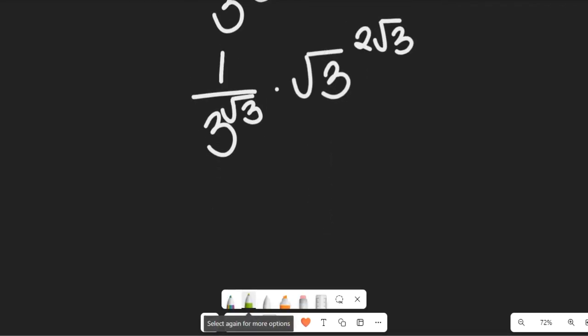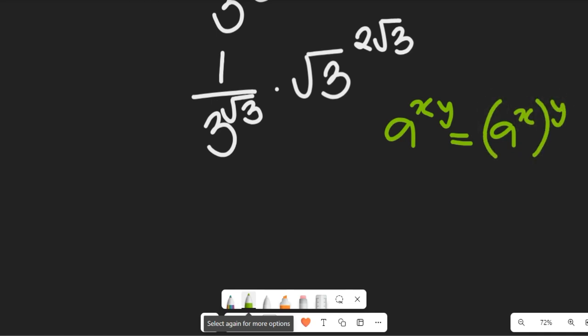And what is that law of indices? Remember, in the law of indices, if I have a to the power x multiplied by y, this can be equal to a to the power x, all to the power y, right?